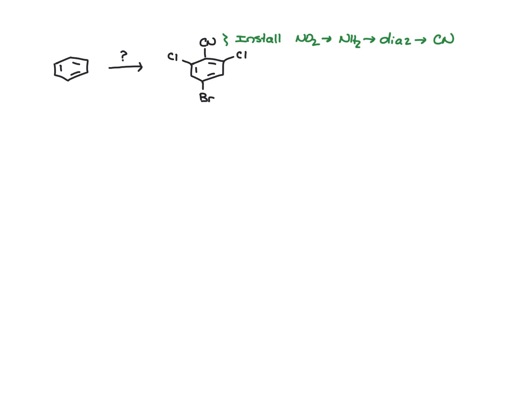Okay, now in terms of the bromine at the bottom of the ring, if we think of our top group as being something that is an ortho-para director, that can direct this para-bromine product. But the way we can do that without adding bromines at the ortho positions is to do this when we have some bulky group on top.